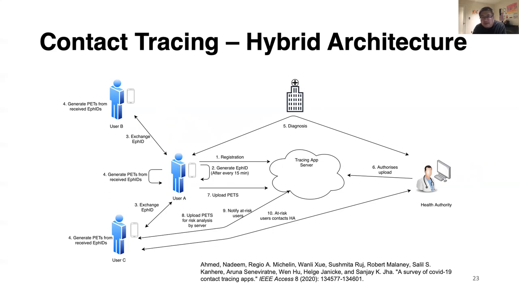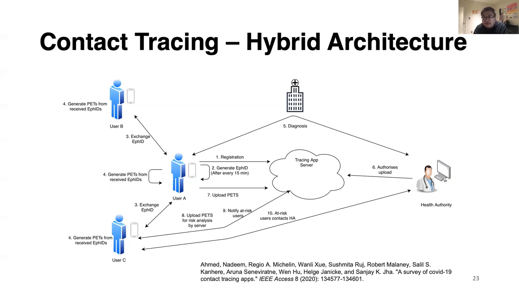The hybrid architecture proposes that these functionalities are split between the server and the devices. More specifically, the temporary ID generation and management remain decentralized, handled by the devices to ensure privacy and anonymization, while the risk analysis and notifications should be the responsibility of the centralized server.